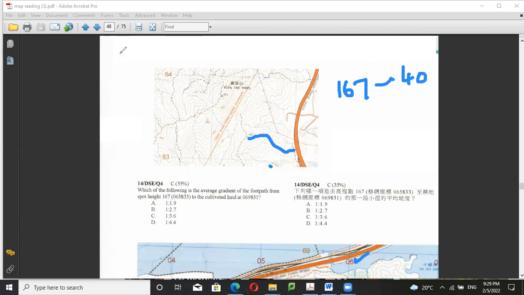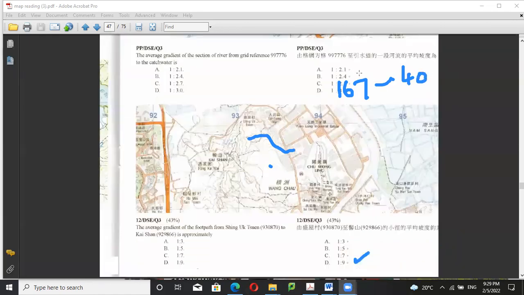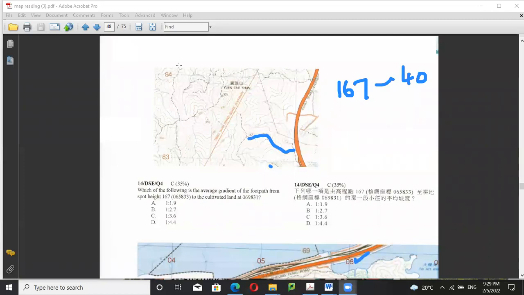How about the horizontal? Measuring, wait a minute. It should be around 2.5 meters.